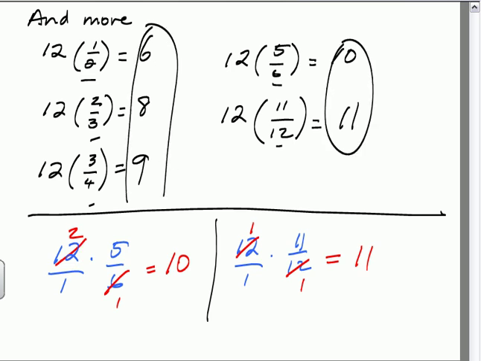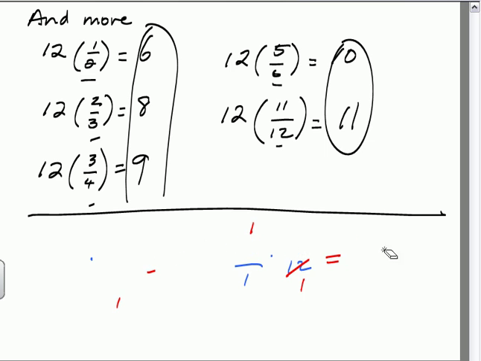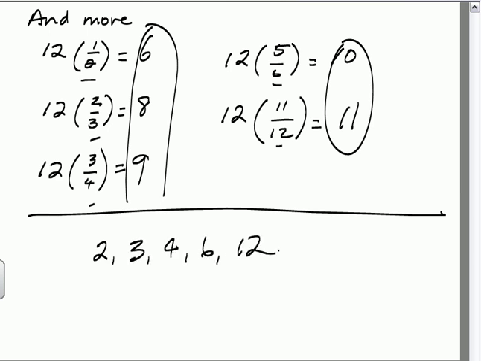Let's take a look one more time at the denominators we had and the number that we multiplied by. Our denominators are 2, 3, 4, 6, and 12. When we multiplied by 12, we got nice numbers. Do you notice the LCD of these numbers, the smallest number that they all go into, is 12.